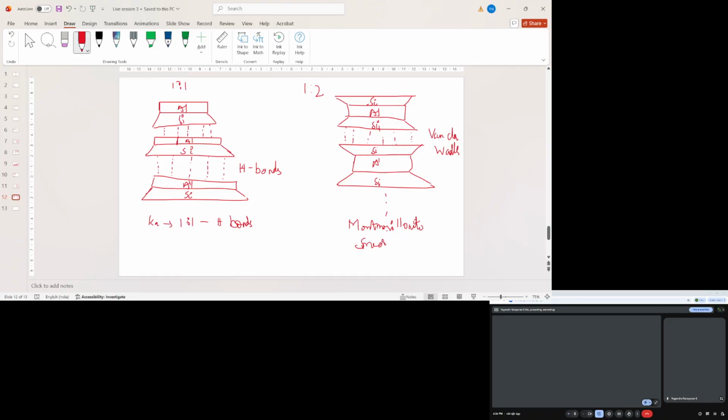Smectite is nothing but the isomorphic substituted form of montmorillonite. And when the bond contains potassium bonds, K bonds, it is essentially illite.